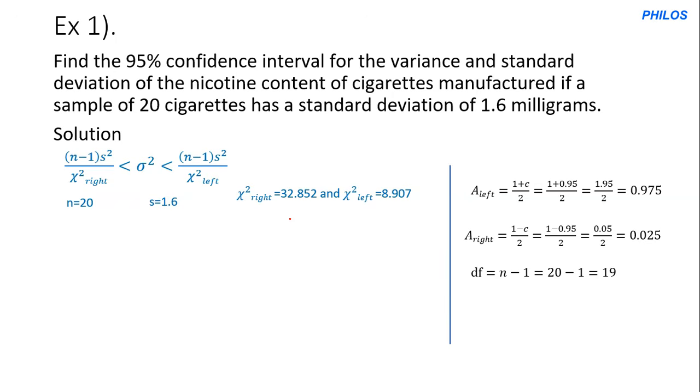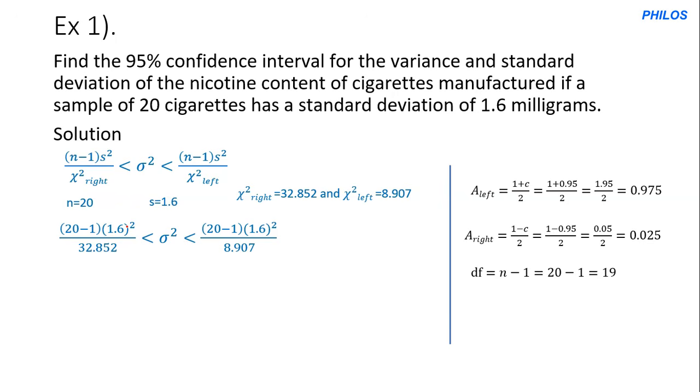So now that we know the chi-square right and the chi-square left, we just go ahead and substitute them into the formula. We are going to have 20 minus 1 multiplying, since s means standard deviation, we put 1.6 there and then square it. If the question had given us variance, you just substitute in place of s squared without squaring it anymore.